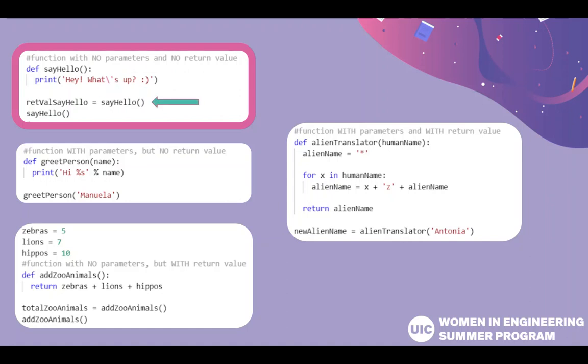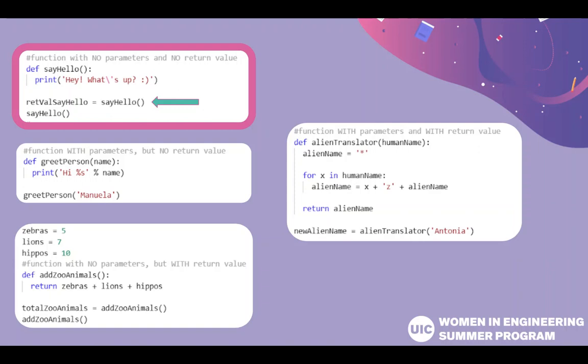We write the name of the function, and then in parentheses, we put the information that is needed for the function to receive, but in this case we don't need anything. That's why we have an empty pair of parentheses here. And because you are able to return values from a function, you can set that call equal to something.